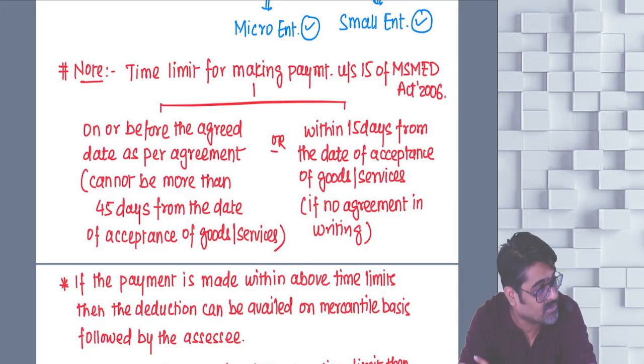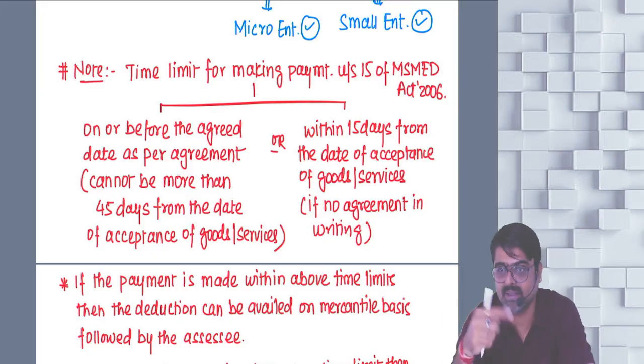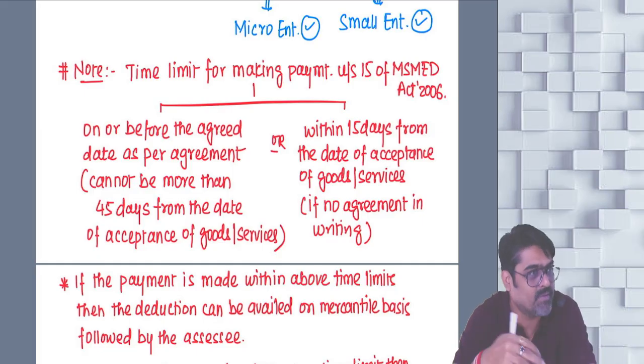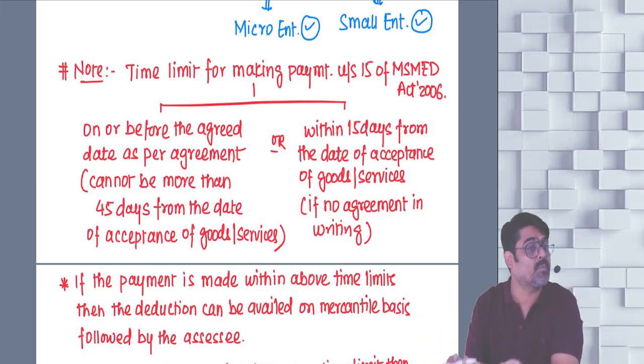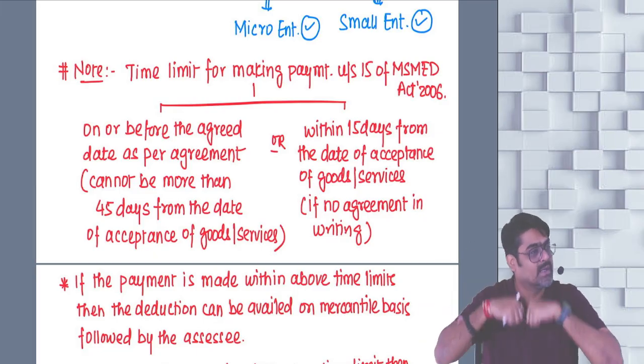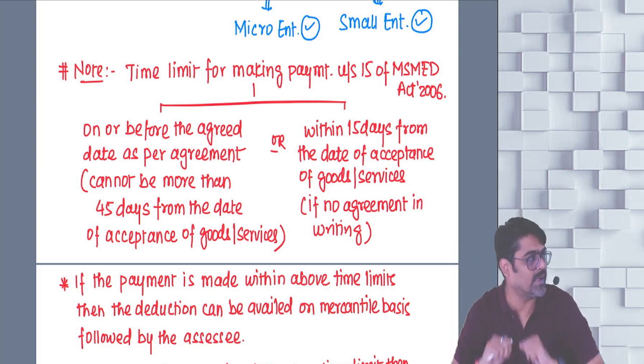So MSME Act says that if between you and that enterprise there is an agreement to buy and sell the goods, agreement to buy and sell the service, yes or no? So you have entered into an agreement. For your business or profession, you are going to buy the goods. For your business or profession, you are supposed to take the service from that micro or small enterprise, yes or no?